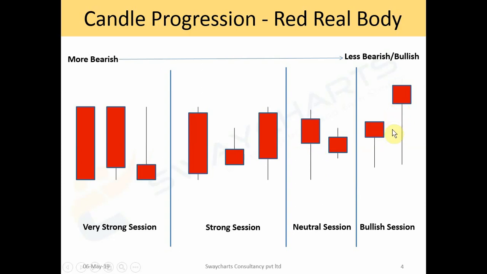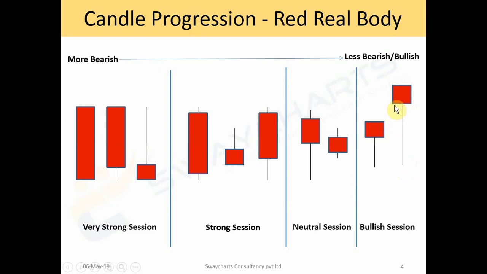And these, though they have a red body, if you now recollect what we had seen in the previous slide, where this was the strong bullish session, because the bears had been attacked by the bulls at this point, and they took the price upwards, and that is the reason why they recaptured their lost territory.